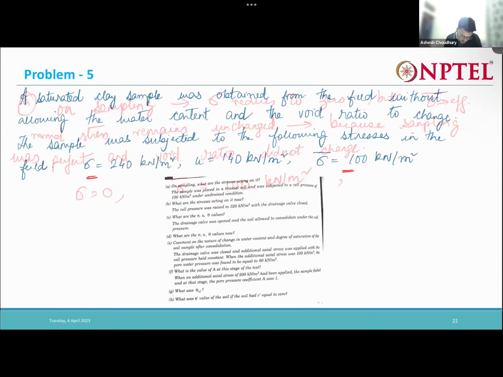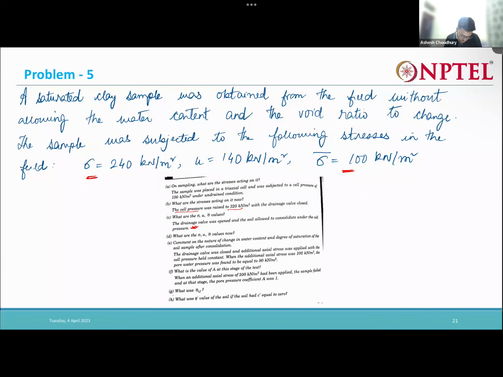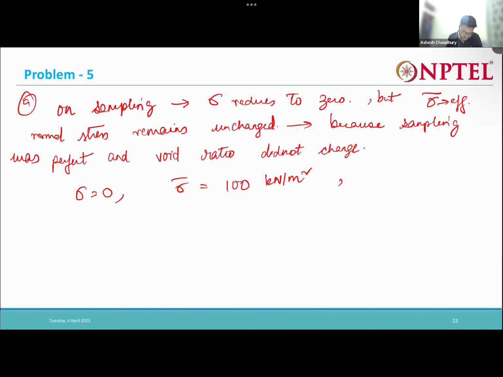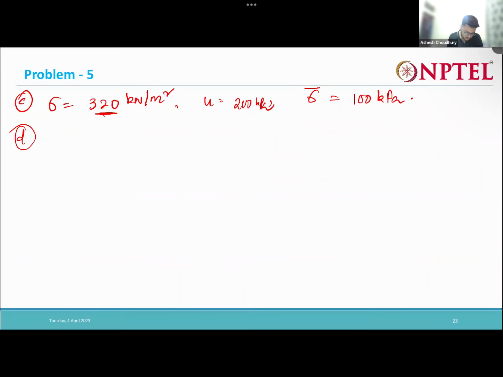Raised to 320 with drainage valve closed. By 220.